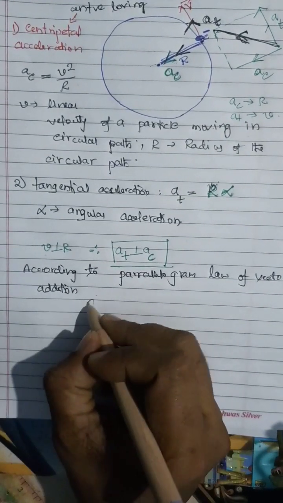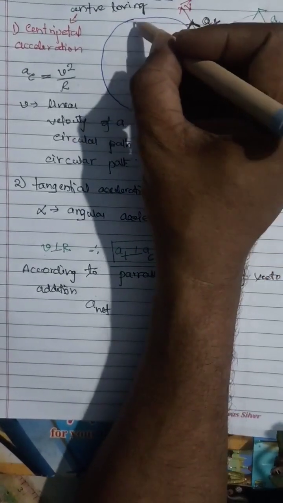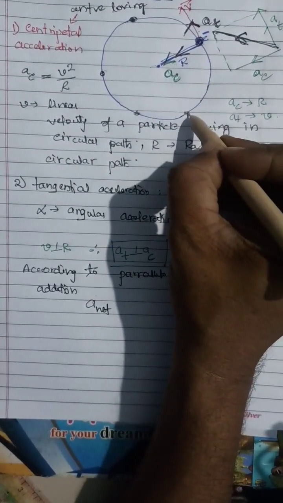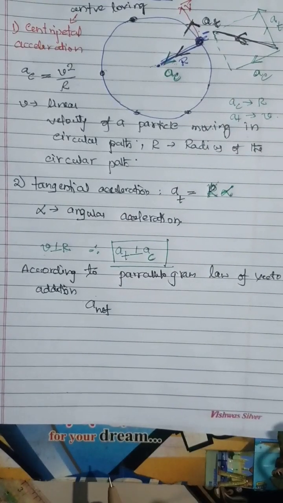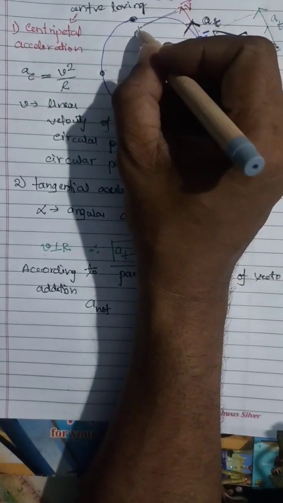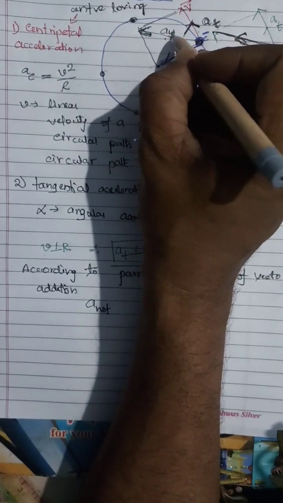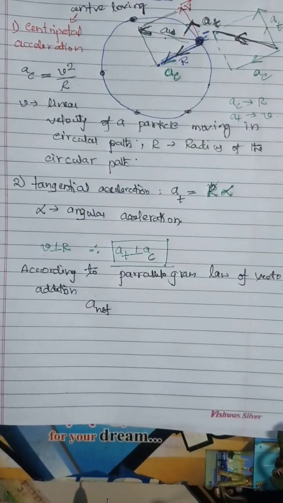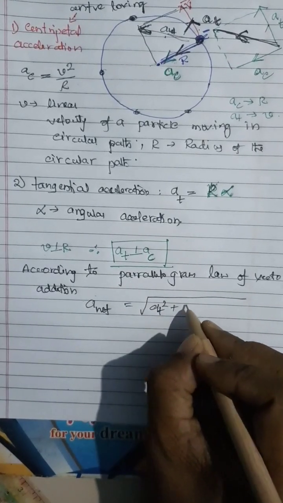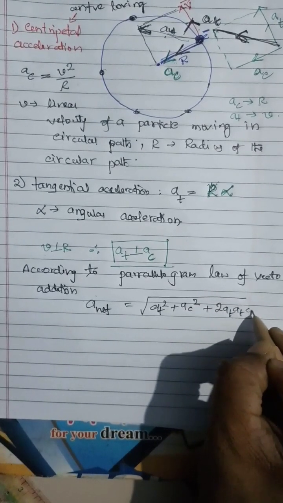You know that acceleration at any point on the circular path, you can take the point here, or here, or anywhere. The net acceleration at any point on the circular path, that is A net, is given by square root of at square plus ac square plus 2 at ac cos theta.